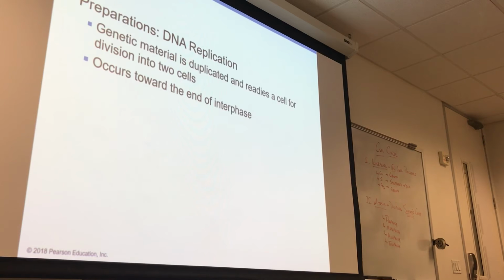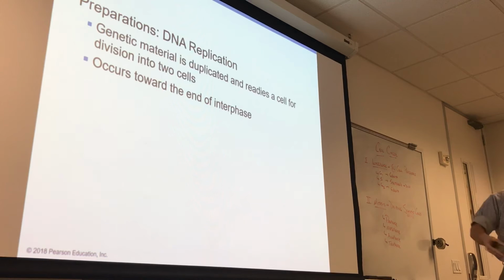So if one cell has enough DNA for just itself, but it's going to divide into two, we have to double up the DNA, do we not? So that we give enough DNA to the one cell and enough DNA to the other cell so they can function properly. During the S phase of interphase, we undergo a process known as DNA replication. I am not going to require you to understand DNA replication fully.